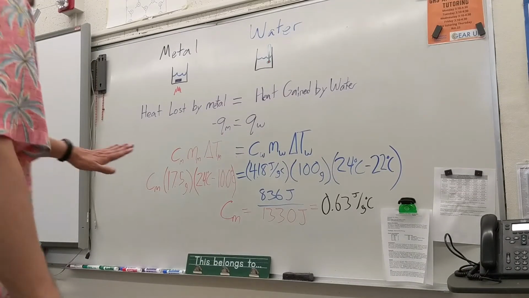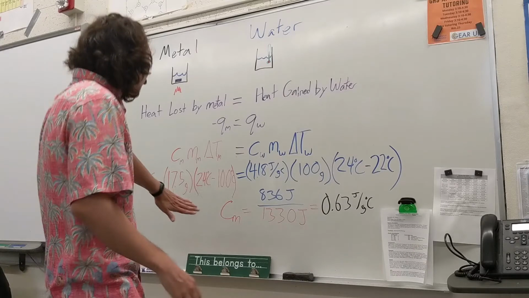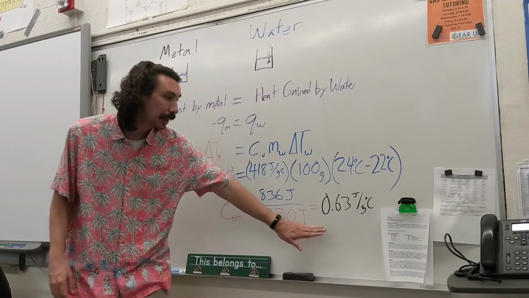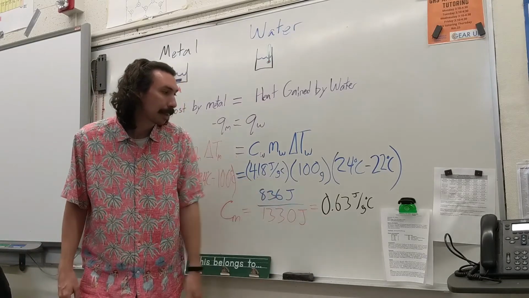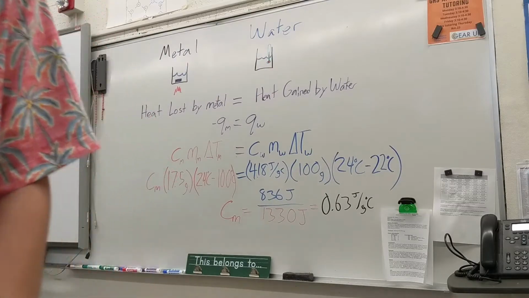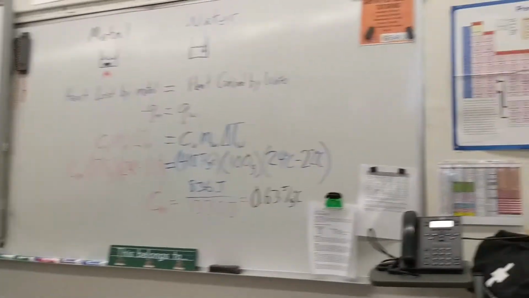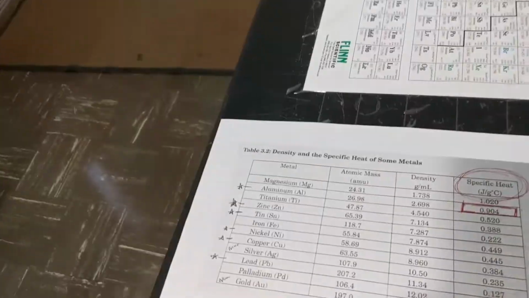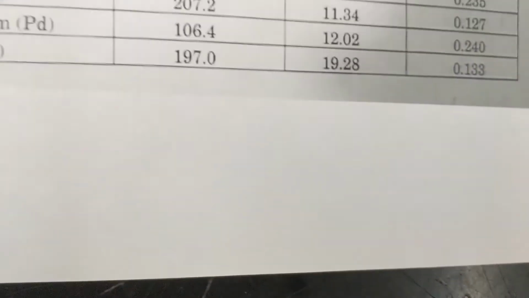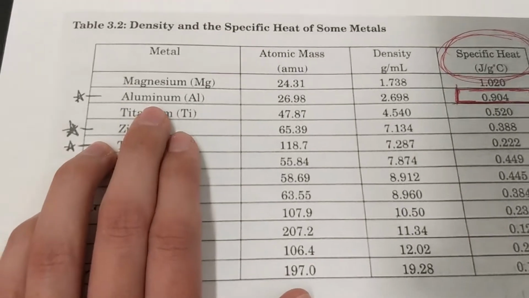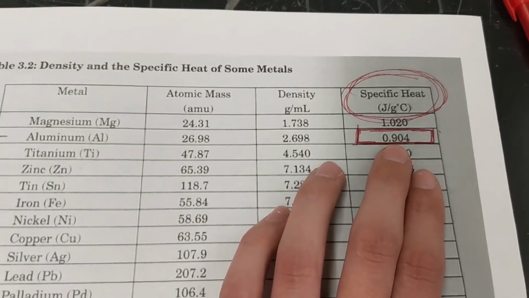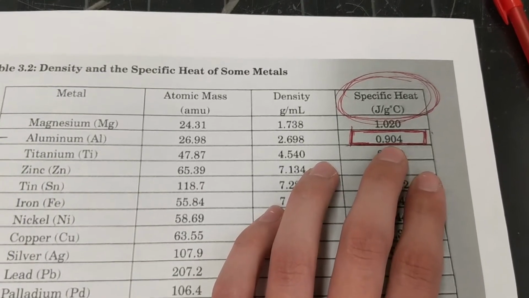If you completed this, aluminum, as we calculated through our experiment, was about 0.63 joules per gram Celsius. If you take a look online at what the actual value is, I've got a table right here. Aluminum, we move over to specific heat. The actual specific heat is about 0.9 in that range.